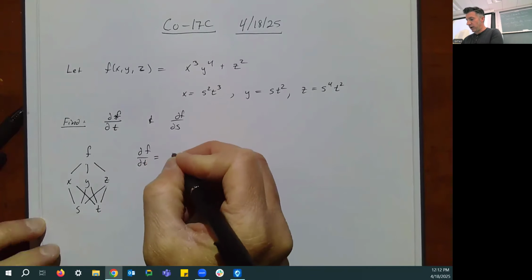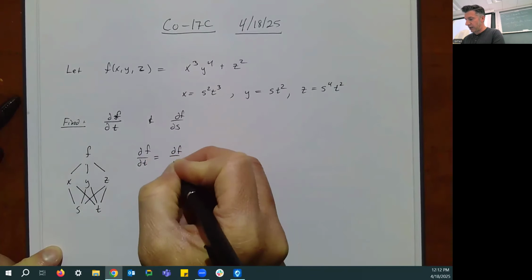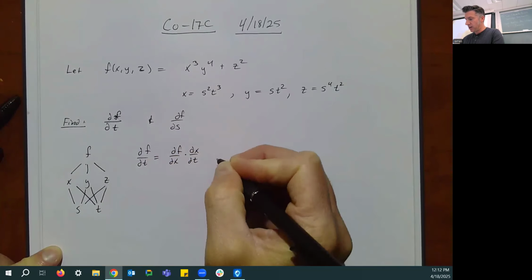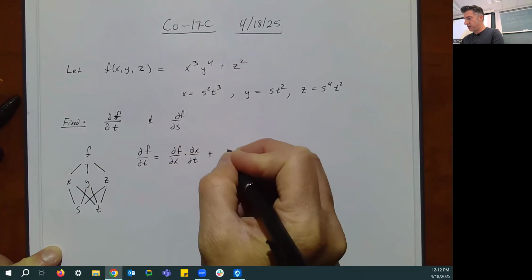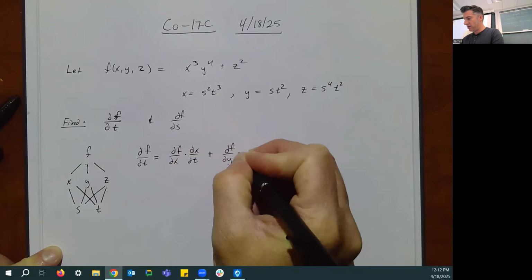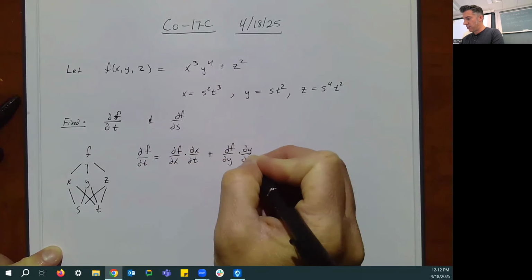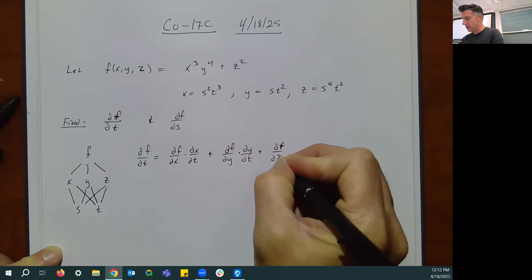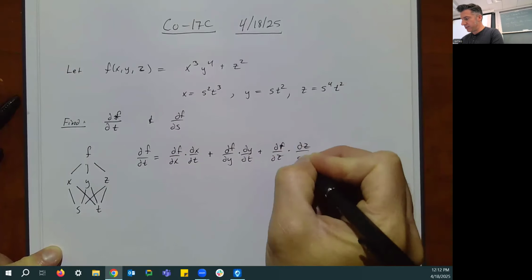So it's going to be the path through X, del F del X, times del X del T, plus the path through Y, del F del Y, times del Y del T, plus the path through Z, del F del Z, times del Z del T.